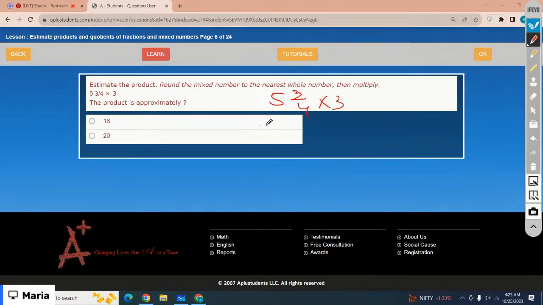So it would be rounded up to 6. So 6 times 3 makes 18. The correct option is 18. Got it?